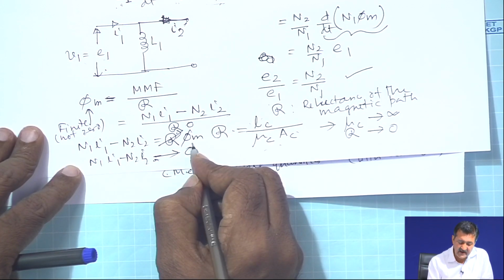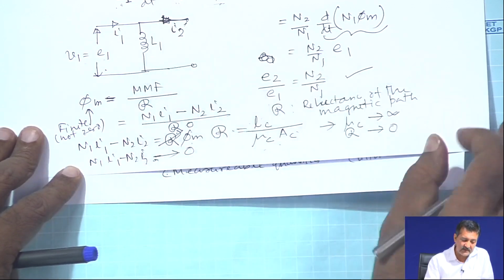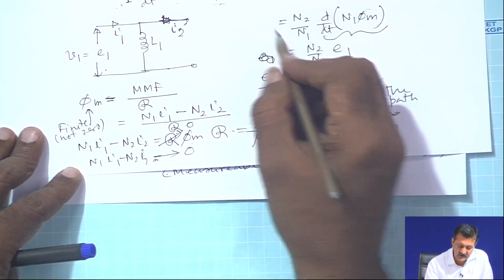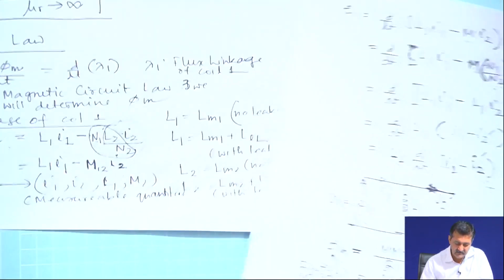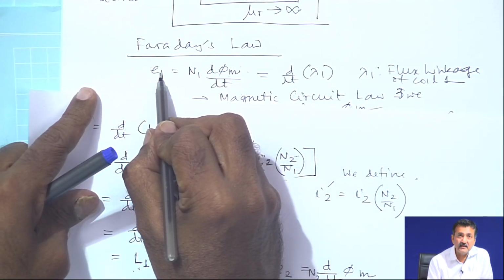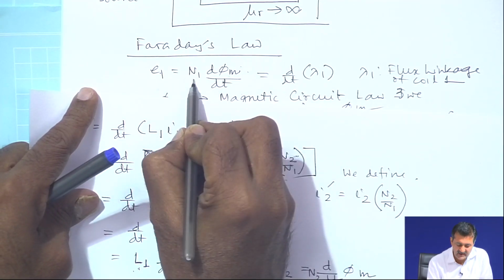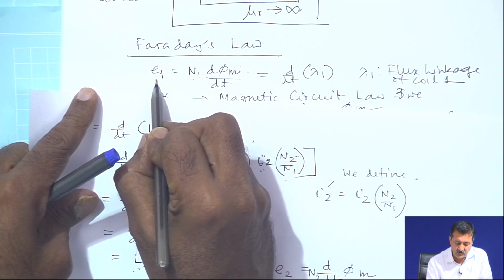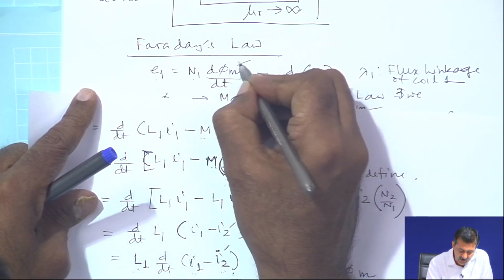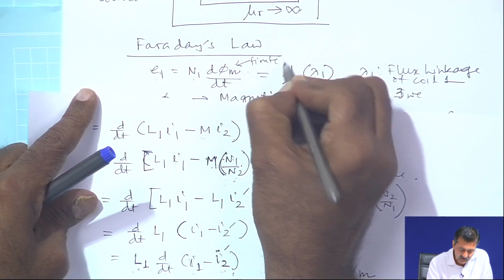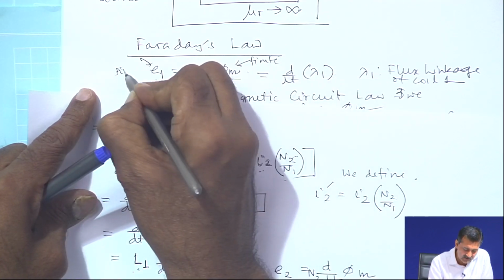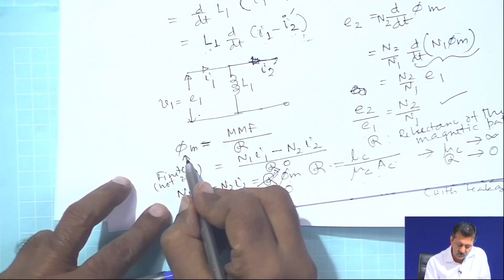Phi m is finite. Why is phi m finite? Because we have seen phi m is completely decided by the voltage equation. Since E 1 is there, there has to be phi m. N 1 is a finite quantity. If there is a voltage applied, there has to be a finite phi m, because E 1 is a finite quantity. So, phi m cannot be 0.